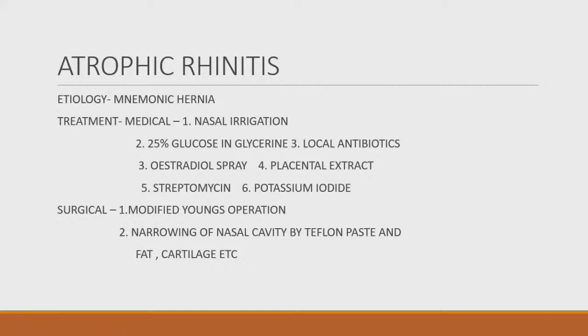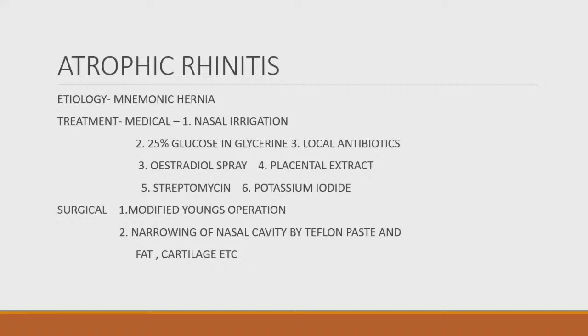Here the normal columnar ciliated epithelium of the nose is replaced by stratified squamous epithelium. That is the main basis of atrophic rhinitis. Treatment here is medical and surgical both. Medical treatment is nasal irrigation.